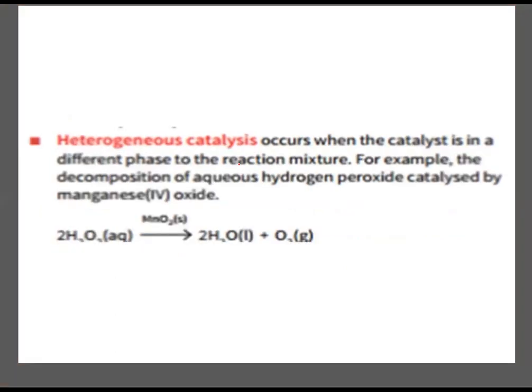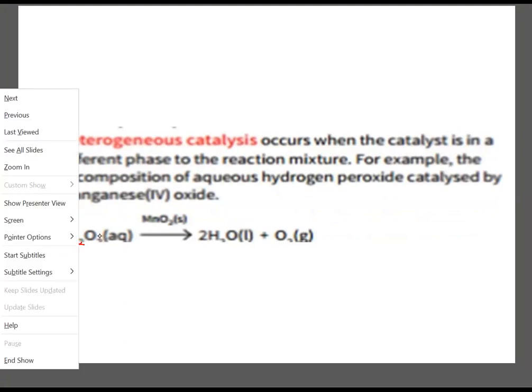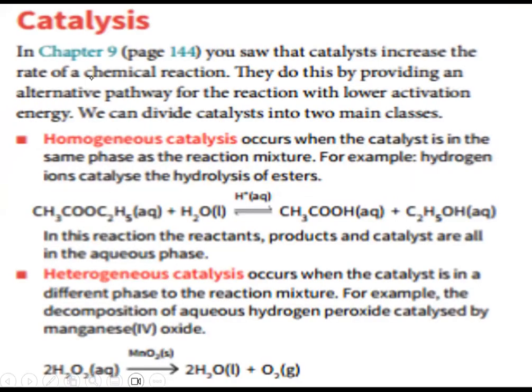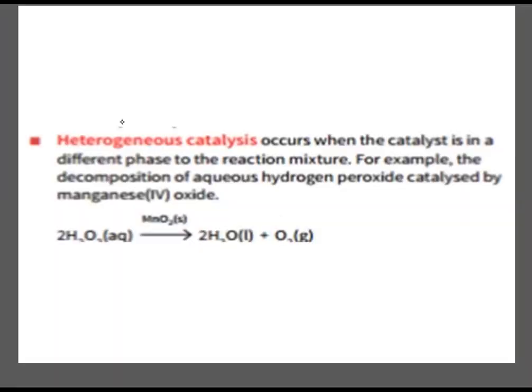Proceeding further, we have the second category, heterogeneous catalysis. In heterogeneous catalysis, the catalyst state or phase is not matching with the reactant phase. The reactant is hydrogen peroxide, H2O2, and we are using manganese oxide.